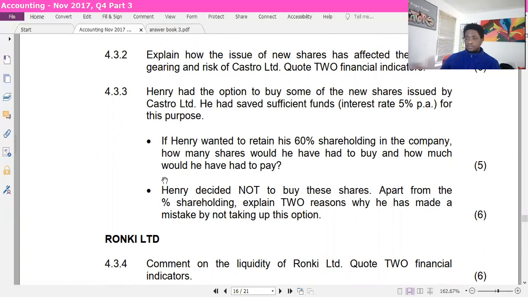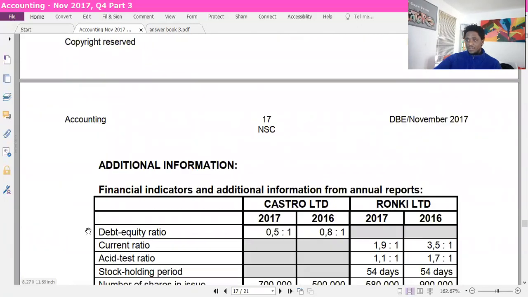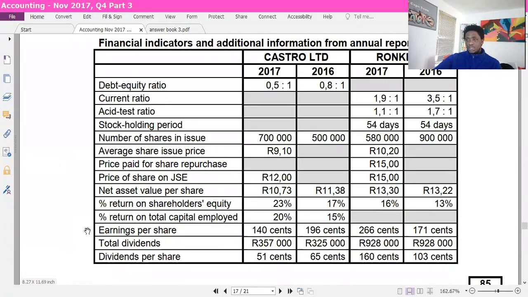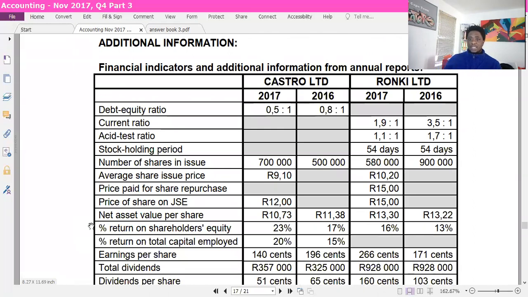So the first mistake that I thought of when I was dealing with this question is that he is earning 5% interest on the money that he has. He has money in bank savings, and he's earning 5% interest on them. But the return on shareholders' equity is 23%.